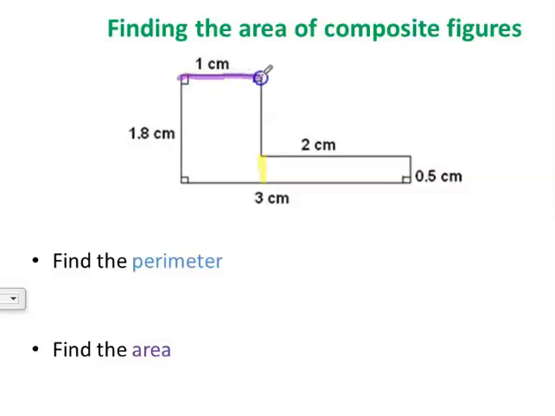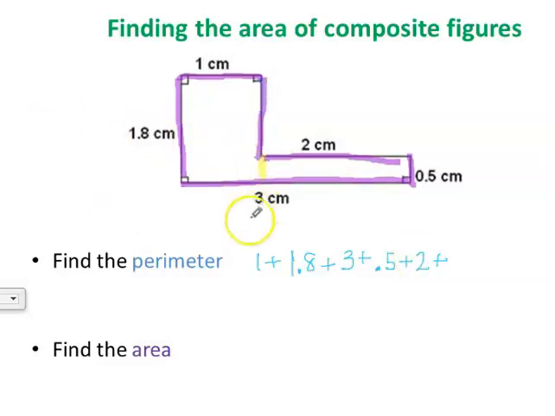I'm going to start with adding this side, 1, plus this side, which is 1.8, plus this length down here at the bottom, which is 3 centimeters. Then we'll do this side here, which is 0.5, plus this side here, which is 2 centimeters, plus this last side here.